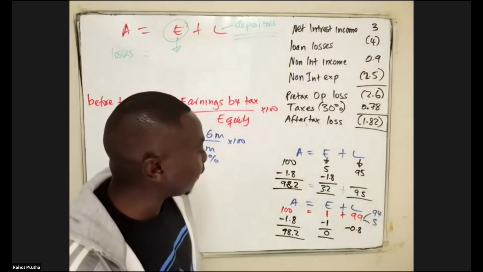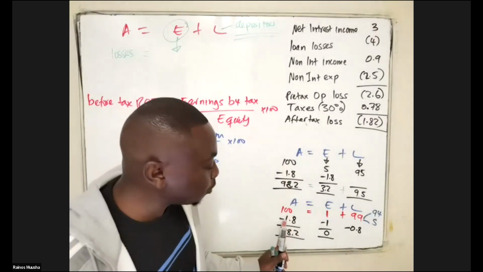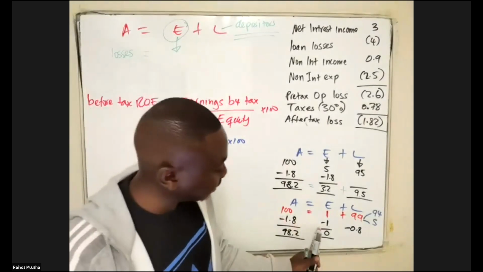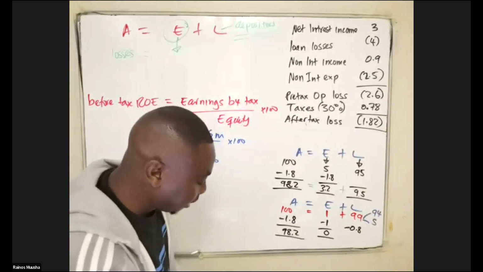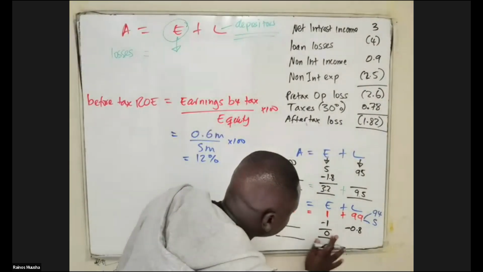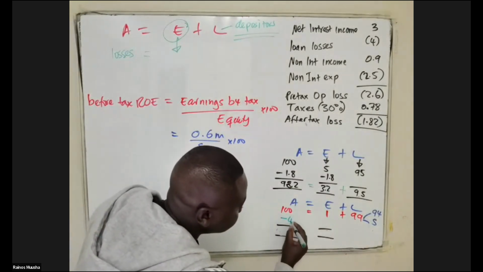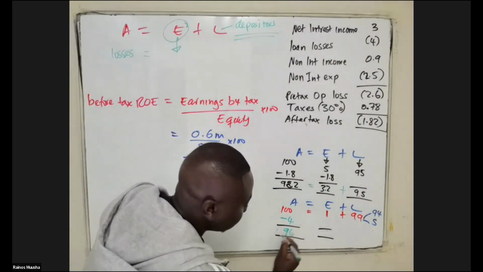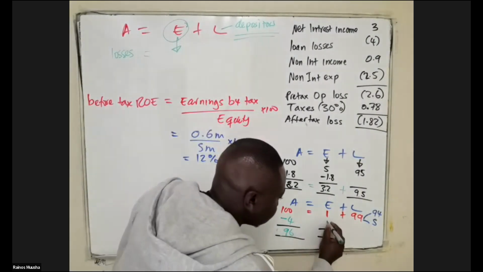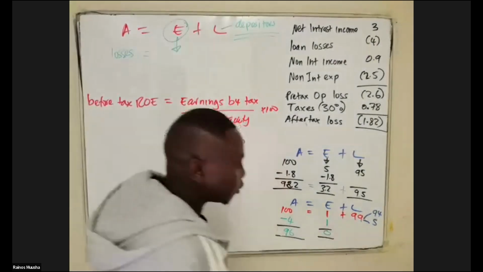Because if the losses end up being too high, like for example, if the losses are going to be 4 million, what's going to happen? If we suffer a loss of 4 million, we're going to subtract 4 and we're left with 96 million. And here we're taking out 1, because that's the maximum equity that is available, and we're going to be left with 0.